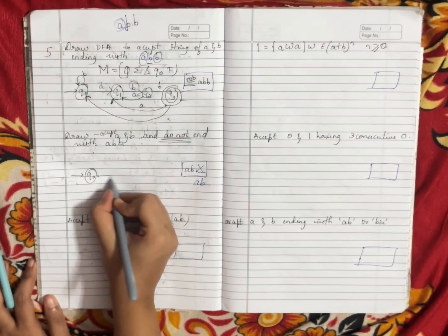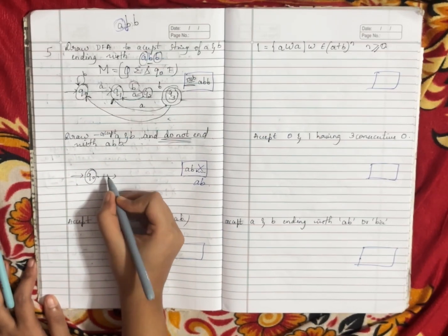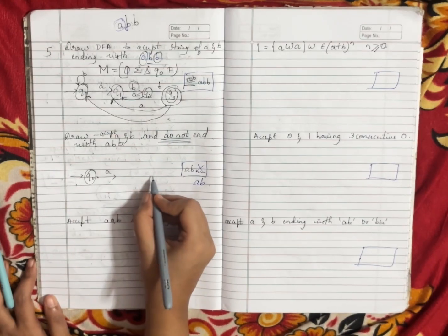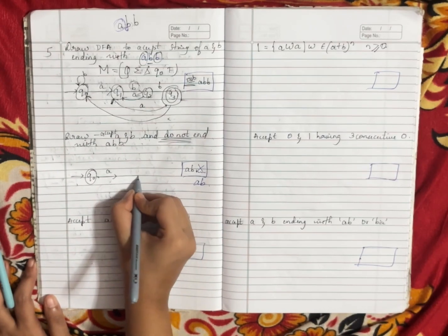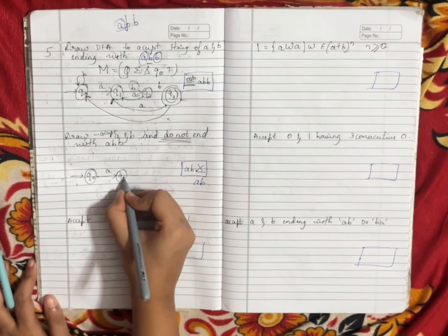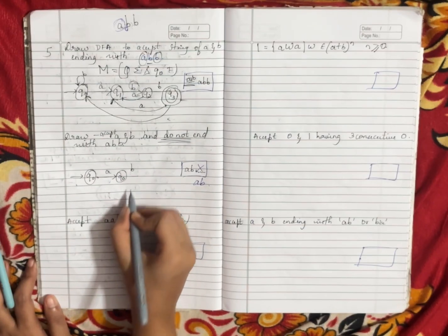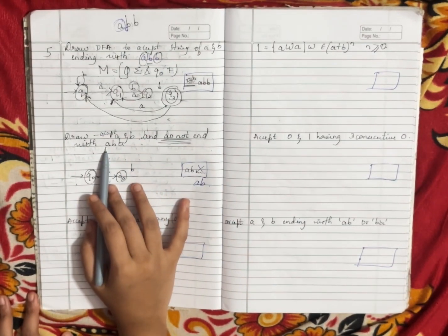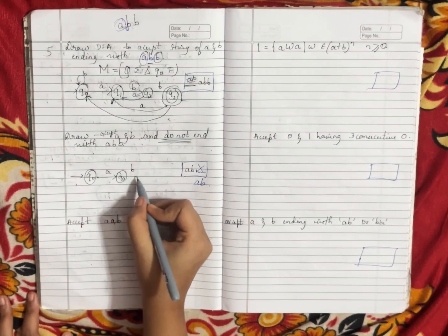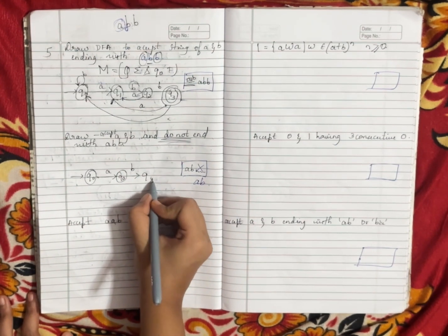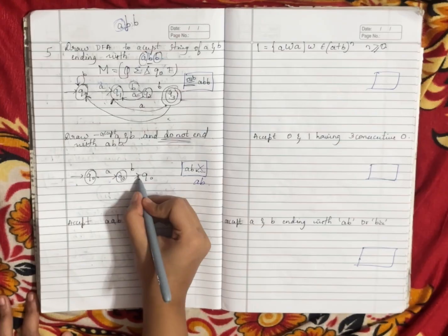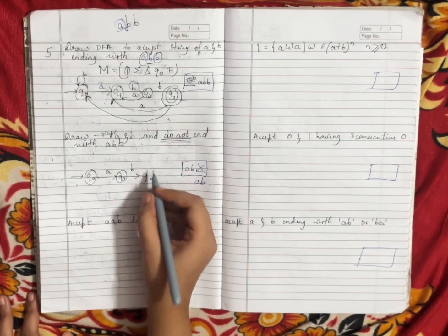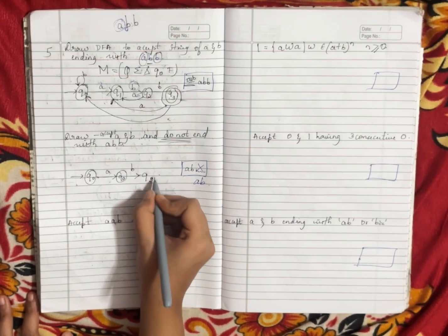In the starting it can accept A and also it can accept B. Now they have told us not to end with it. Still you have to draw it first, to write here A, B, and one more B comes, right?